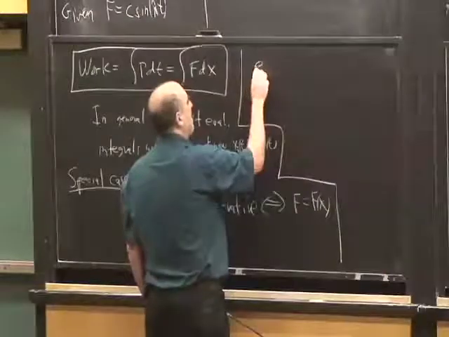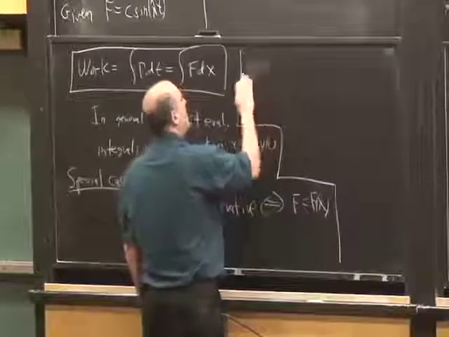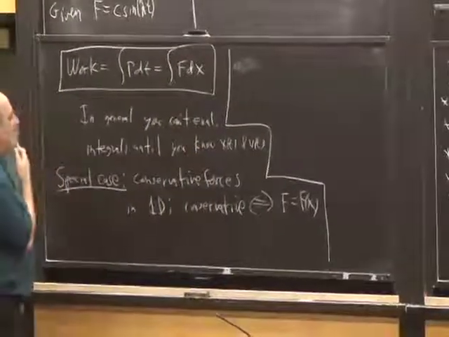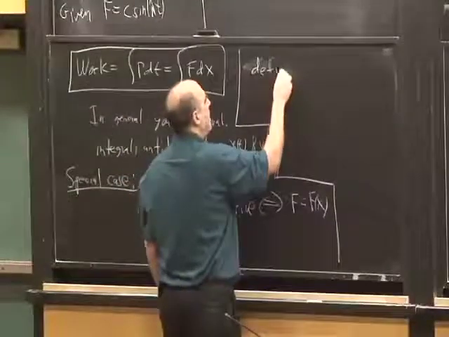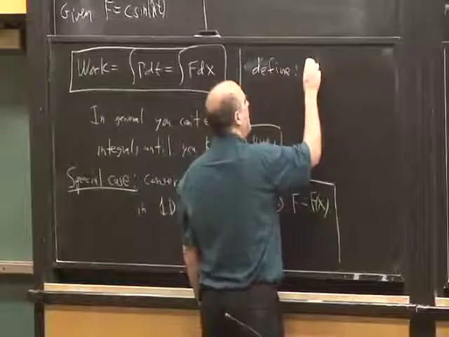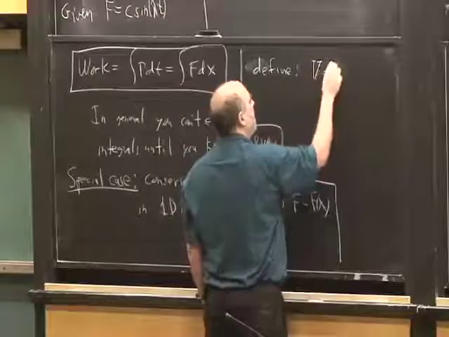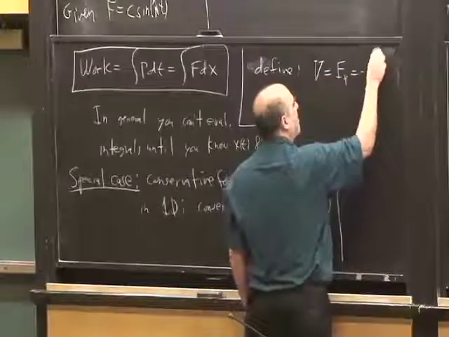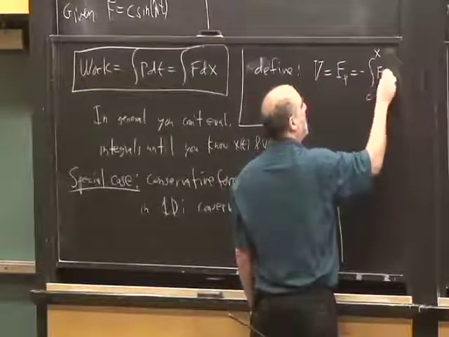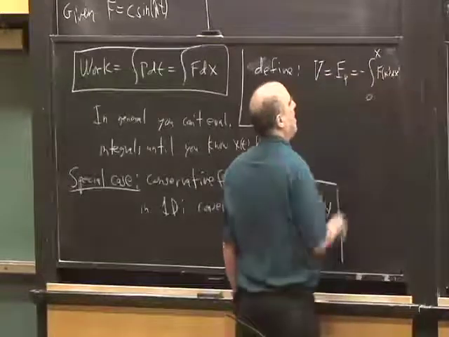So some examples are, well, let me just go one more step before I go to examples. So now we're going to define something which I'd rather call E_p, and that's going to be minus the integral from 0 to x of F(x') dx', and we have to put a prime there.